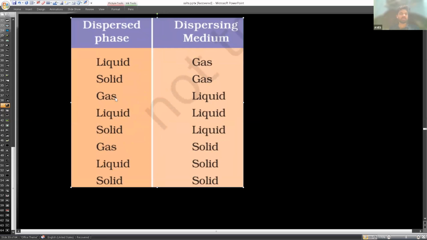Note down this question. What you need to do here is note down the colloidal solution name, the colloid's name.